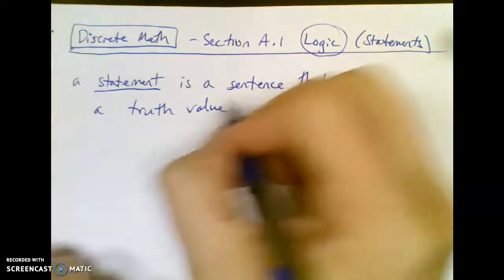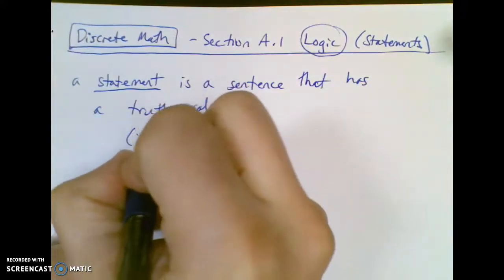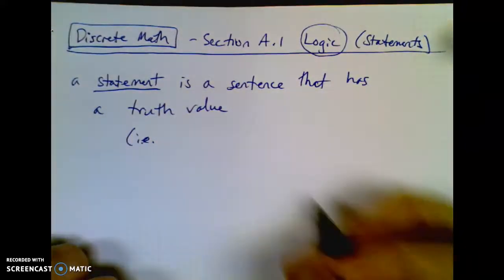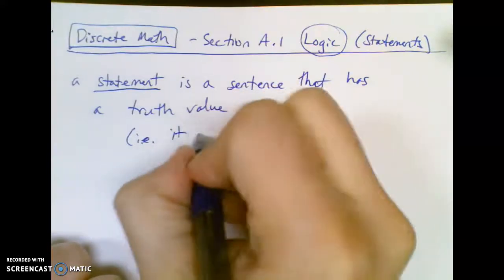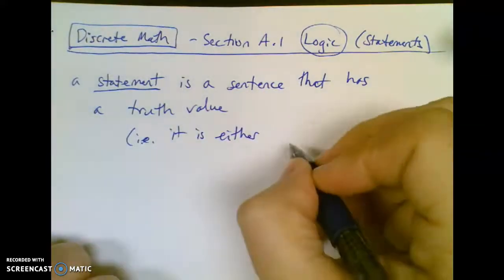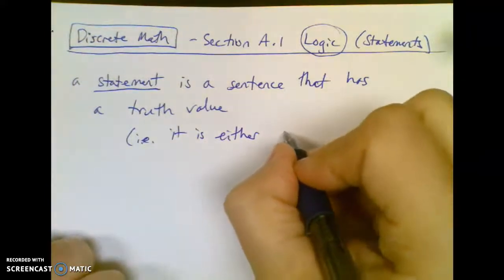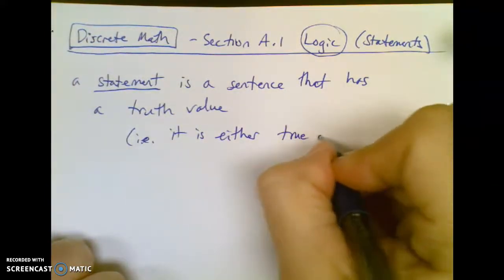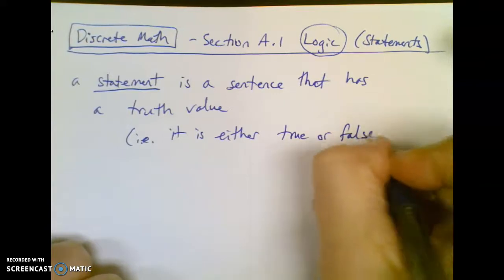That means it is either true or false. It doesn't mean it has to be true. So there's certain things that aren't statements, and there's certain things that are. So it is either true or false.